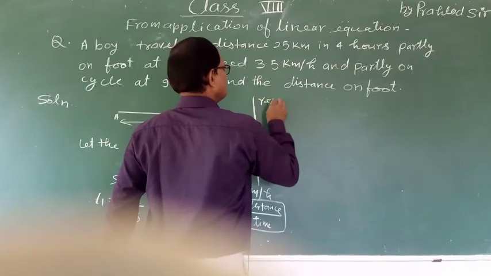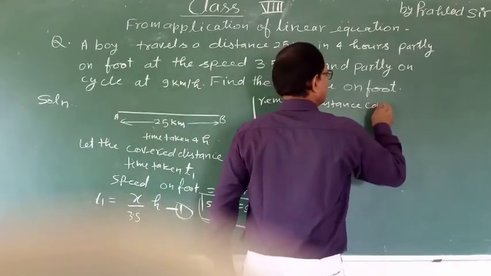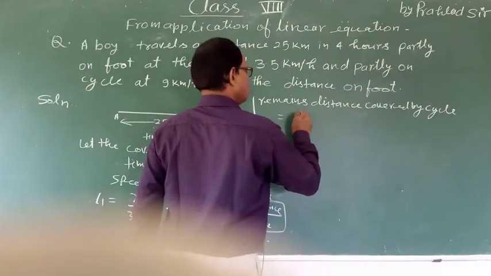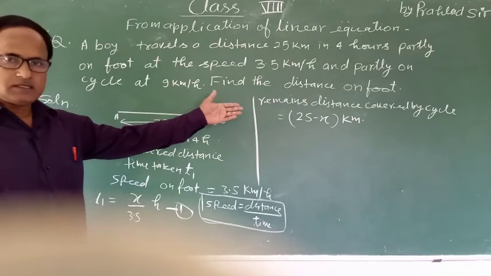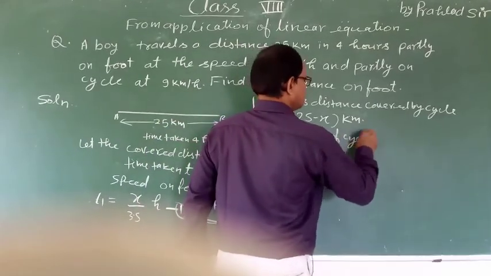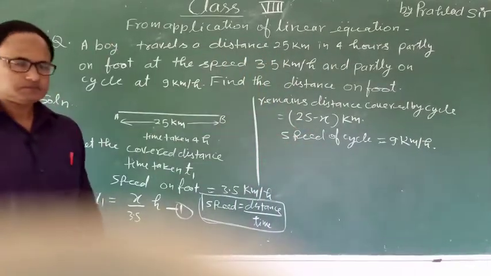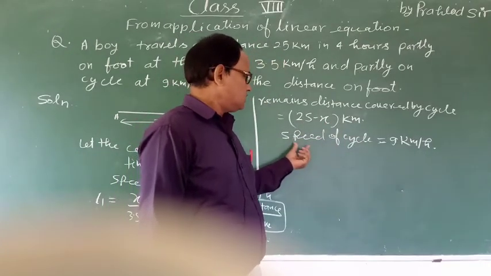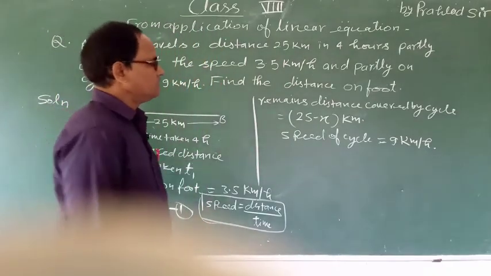After this, the remaining distance covered by cycle is equal to 25 minus x kilometers, and the speed of the cycle is 9 kilometers per hour, which is given.